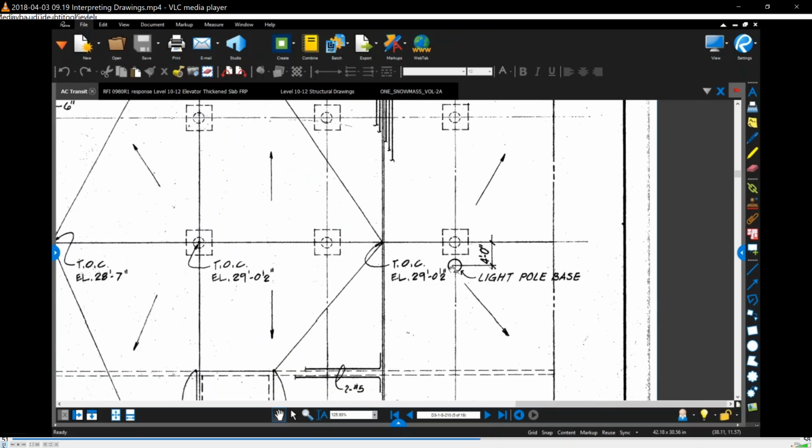And this light pole base is basically a column that sticks up out of the slab to support a light standard. So can anyone guess what those arrows mean on the drawing? The straight lines with the arrows, and all of these diagonal lines. Slope. Slope, that's right.